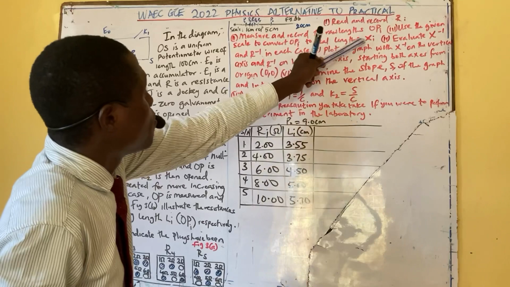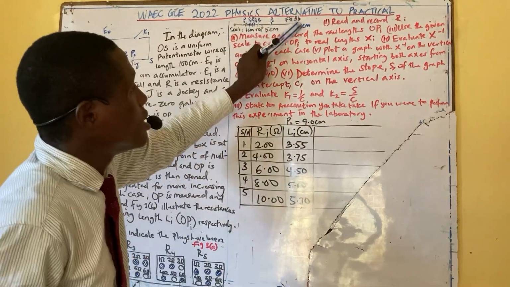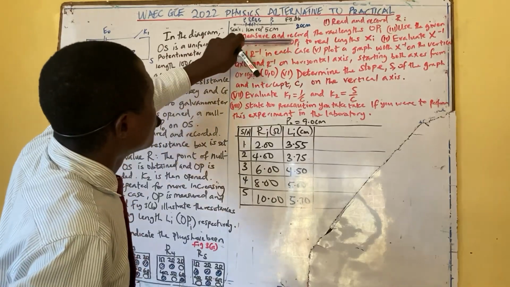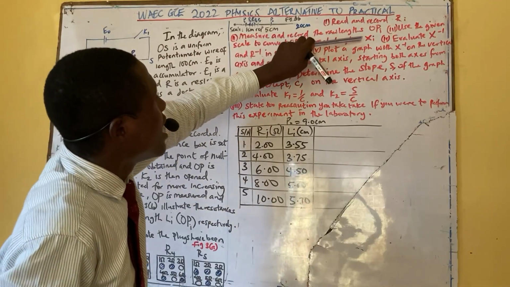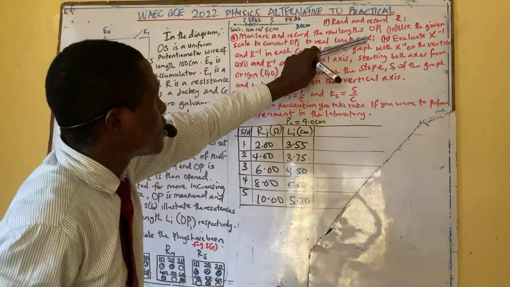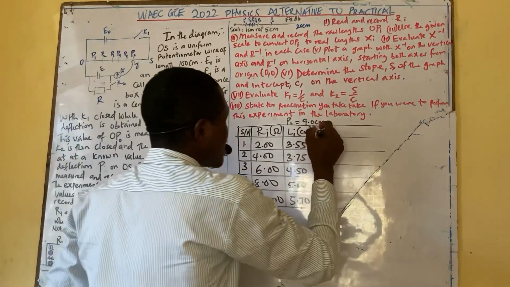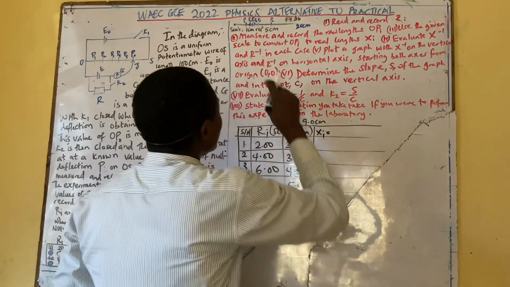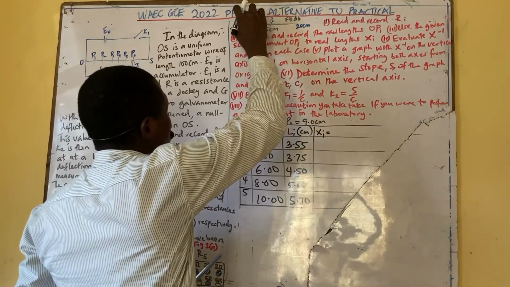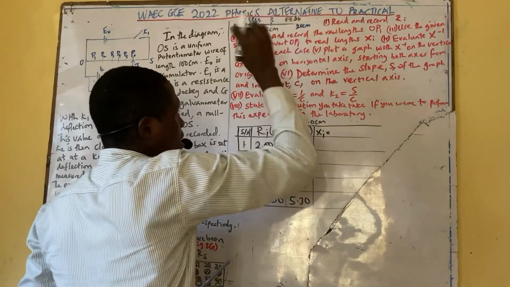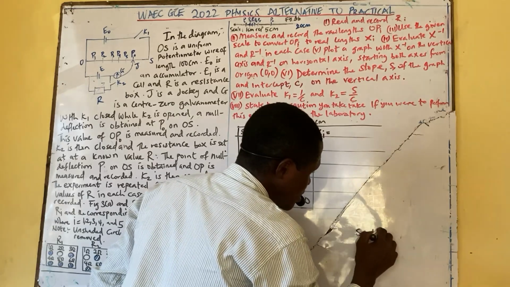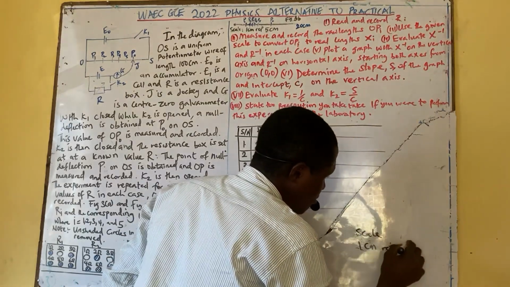That's the raw length of OPi, measured directly. Then we are told to use the given scale to convert OPi to real length Xi. We have to use this scale to convert this to real length. The scale given to us is 1 centimeter represents 5 centimeter.